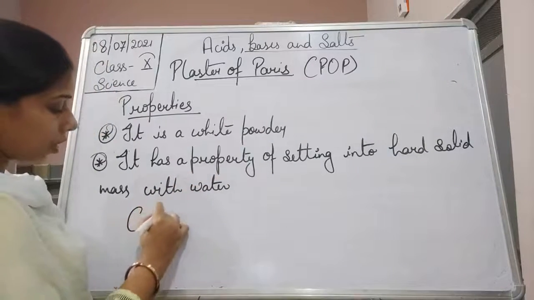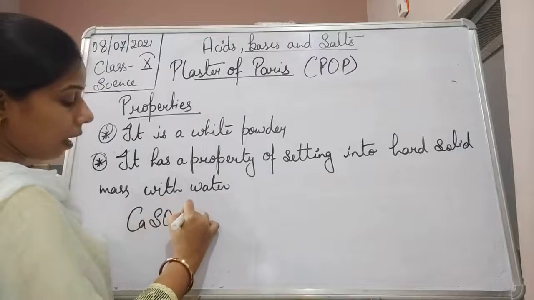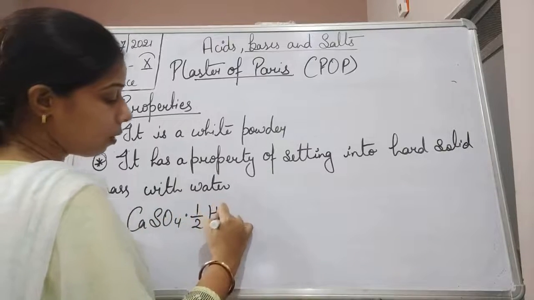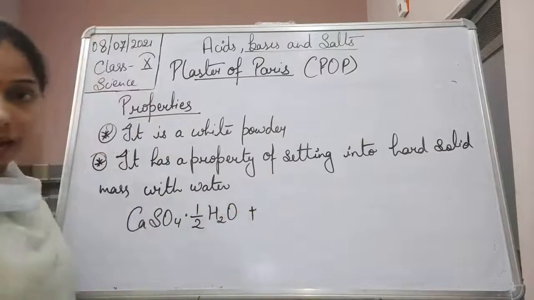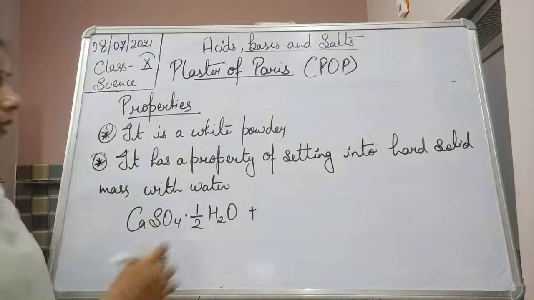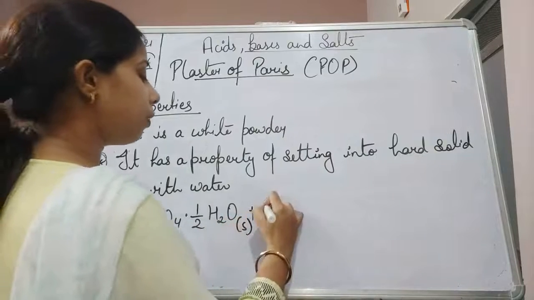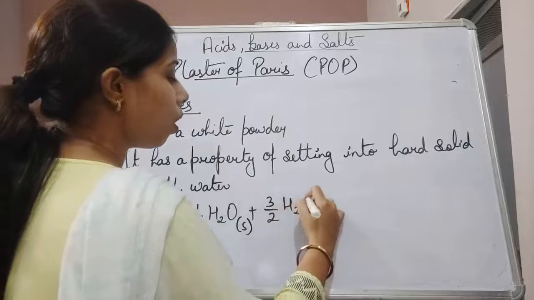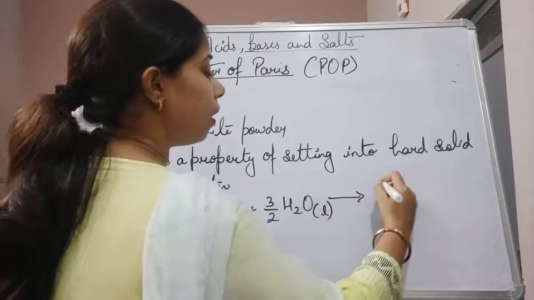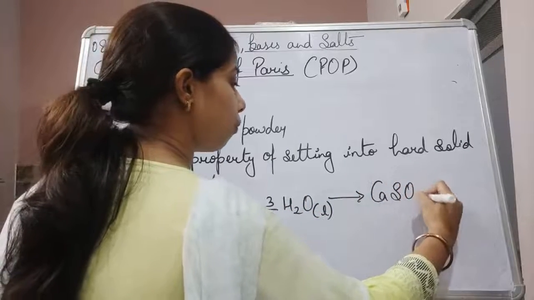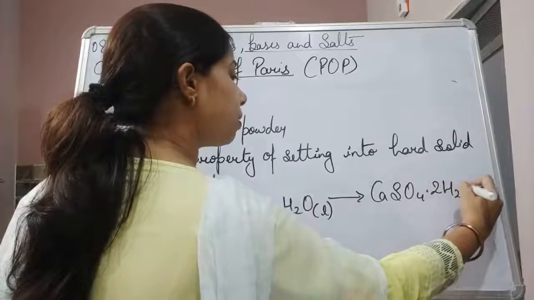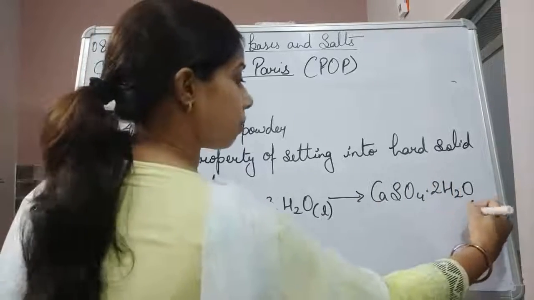Calcium sulfate hemihydrate is a solid, and when 3/2 molecule of water is added to it, it becomes CaSO4.2H2O, which is gypsum.